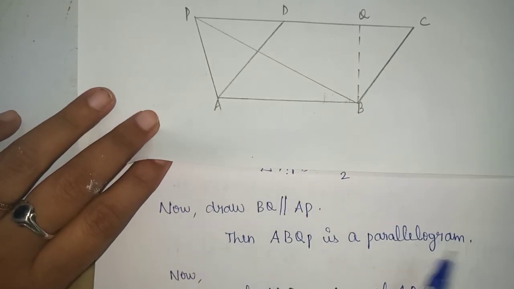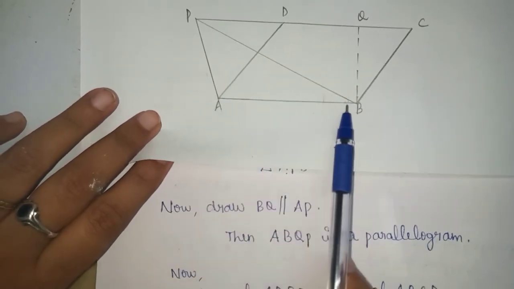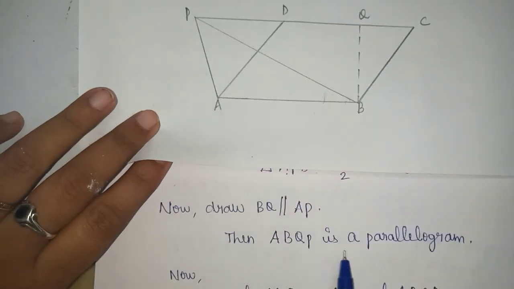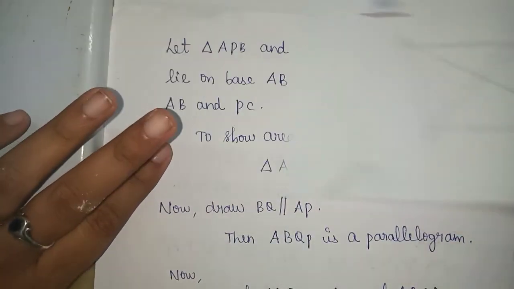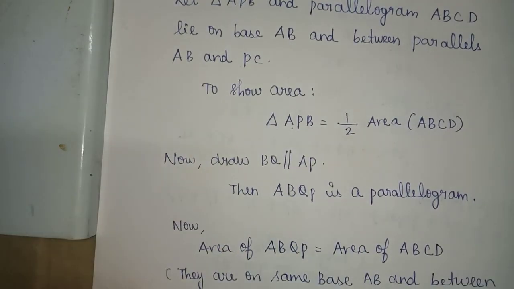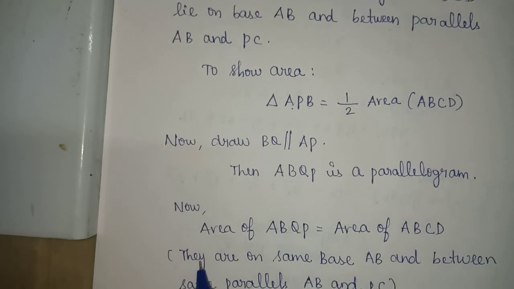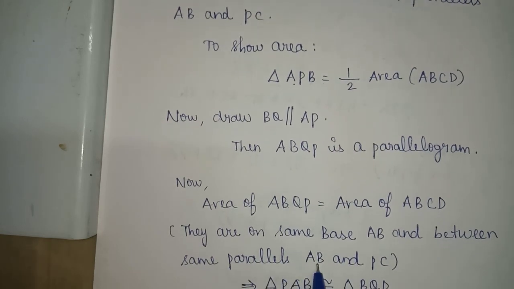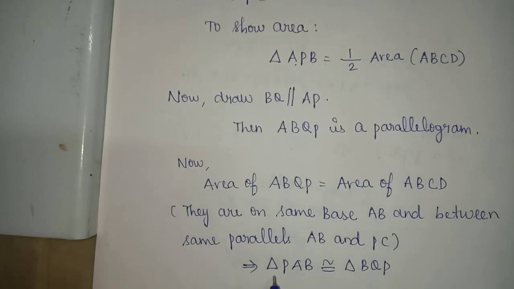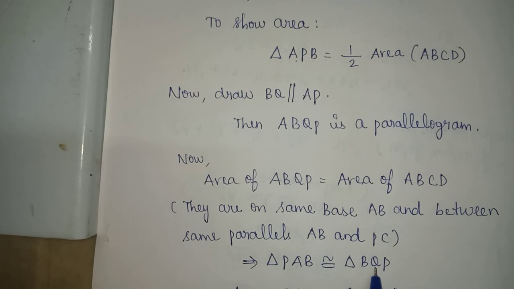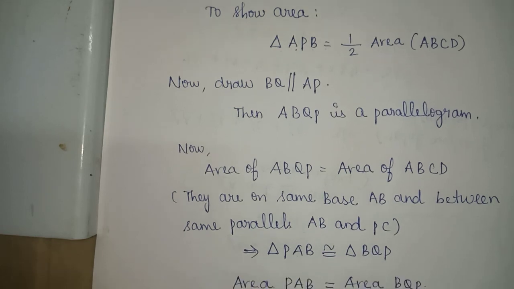Now we can see that ABQP is a parallelogram. So now area of ABQP is equal to area of ABCD, because they are on the same base AB and between the same parallels AB and PC. Therefore triangle PAB is congruent to triangle BQP.